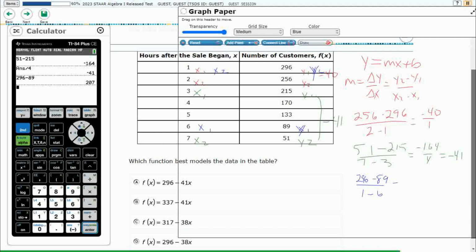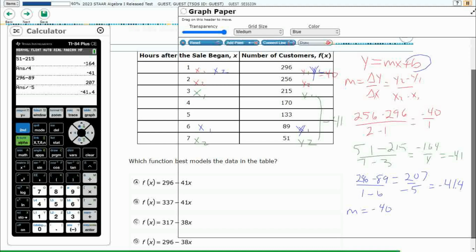That's going to be 207 over negative 5. Yeah, negative 41. Okay, so we're pretty good. We've got negative 40, negative 41, negative 41.4. So let's call my m negative 40-ish. Now, we need the y-intercept.